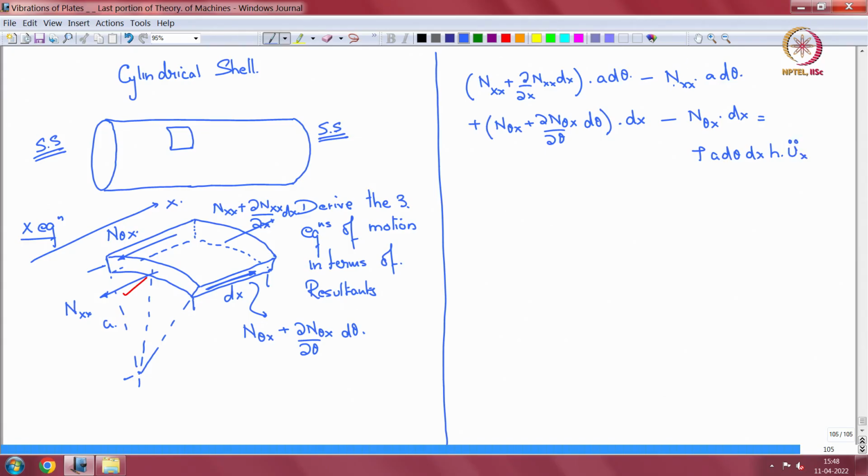Now this will cancel, this will cancel and we end up with del x nxx a dx d theta plus del theta n theta x d theta dx is equal to rho a d theta dx h ux double dot.